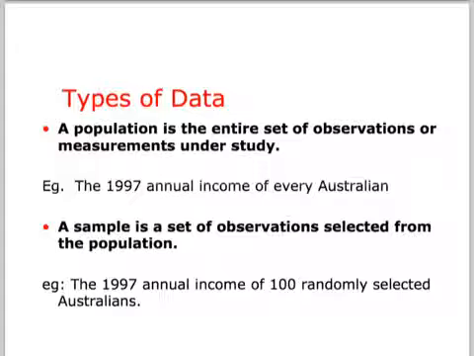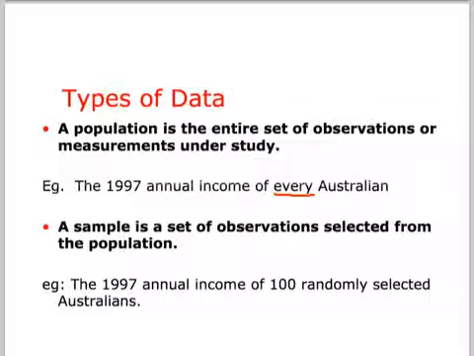The 1997 annual income. So we know we are talking about income there. It must be quantitative. But what is important here is every Australian. So we are getting the data from all Australians. So that must be population data.